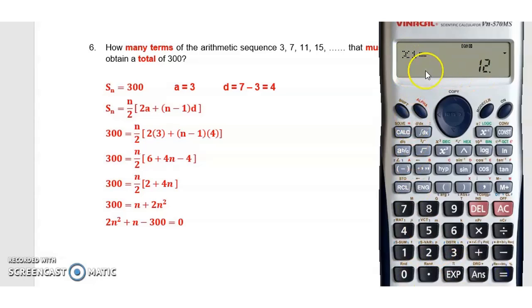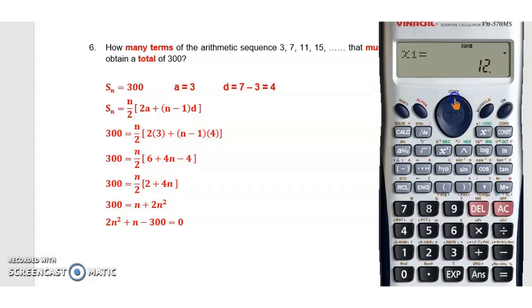The first value of n you get is 12, and the second value of n you get is negative 12.5. So in this case, the logical value is n equal to 12. You need to add 12 numbers in order to get a total of 300. Why can you not use the other answer? Because it is negative. The question asks us how many terms, so we cannot say negative 12.5 terms.